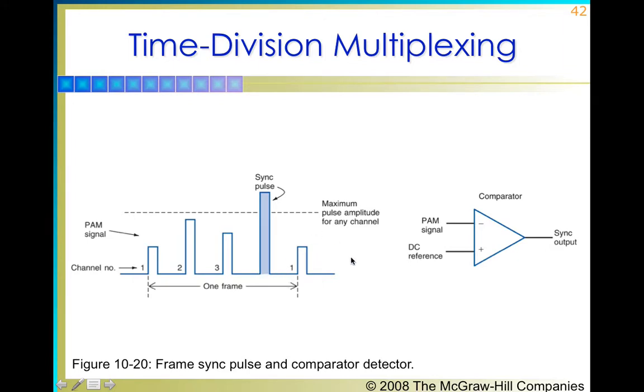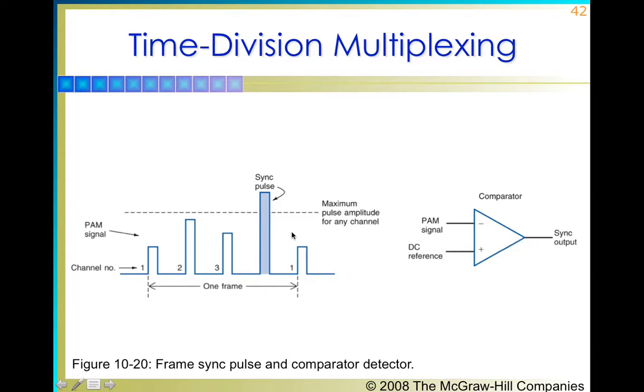Then we have another frame which also contains one synchronization pulse and the three transmitter data. With the help of the comparator, we input this PAM signal over here, and we input some reference voltage like this voltage level over there, and then we compare that PAM signal with the DC reference.